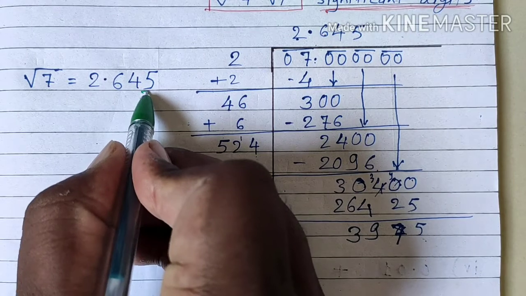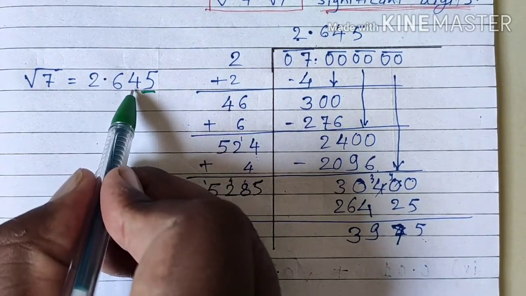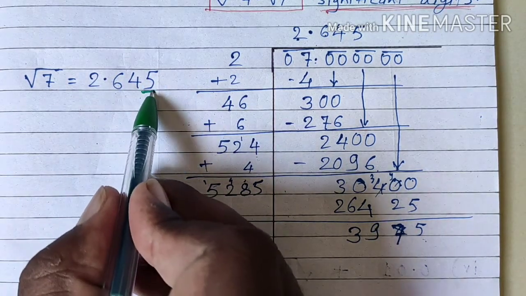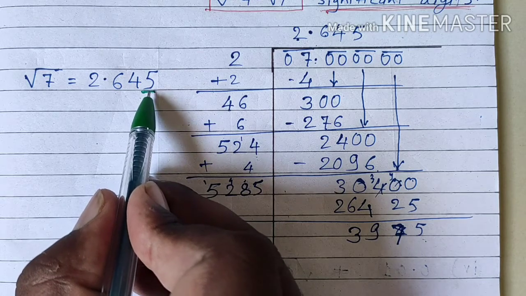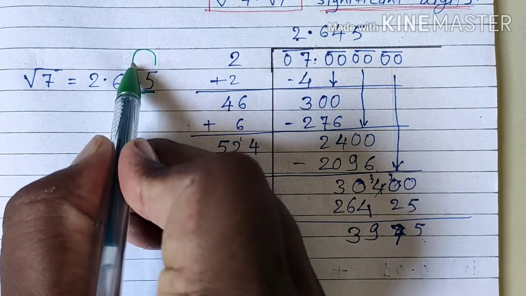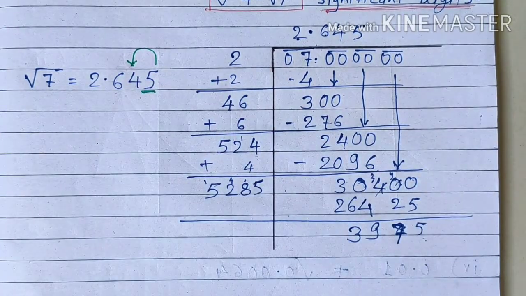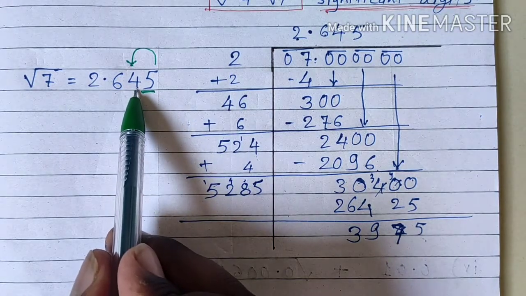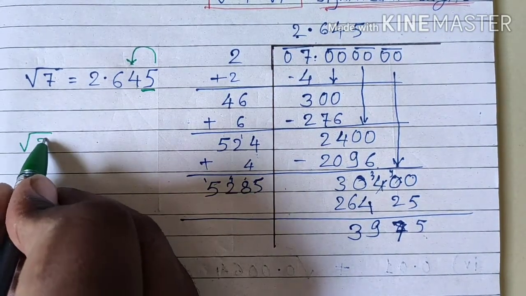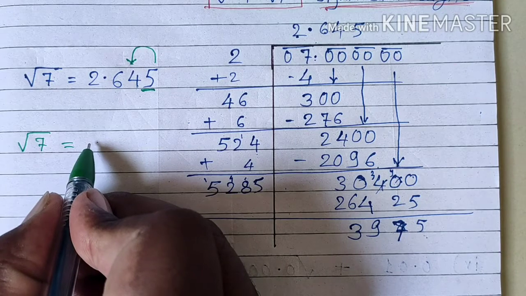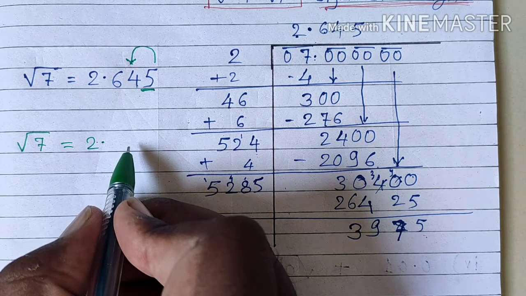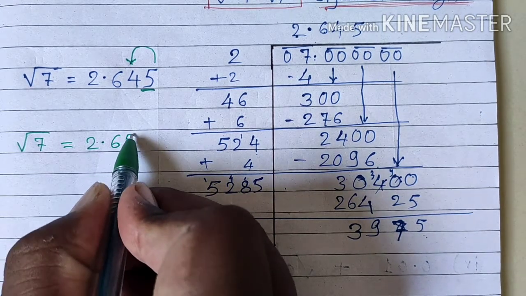We don't want this third digit, but to round off, the procedure is: if the third digit is 5 or more, then add 1 to the previous digit. We have to add 1 to this 4 to get a rounded figure. So therefore, the square root of 7 to 2 digits after the decimal point will be 2.65.